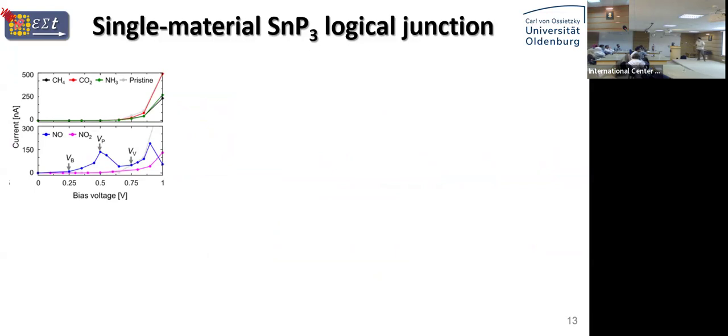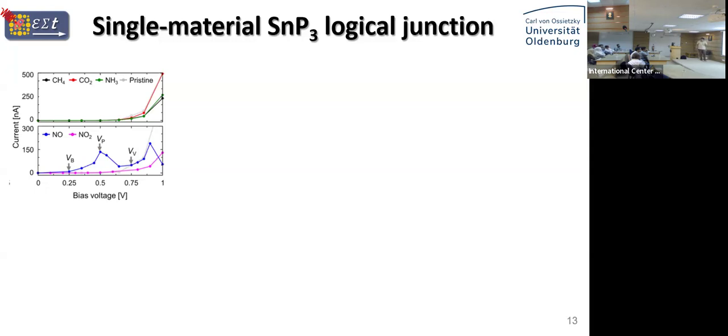I shouldn't be saying political, but it's a nice quote. I'm being politically unbiased. Essentially, as you increase the bias voltage, more and more current passes through your devices. This is the typical way that people observe, and each color code represents each molecule that was absorbed on our device.